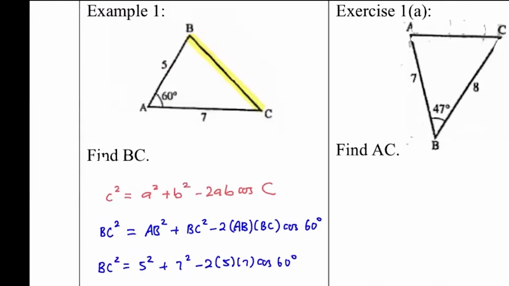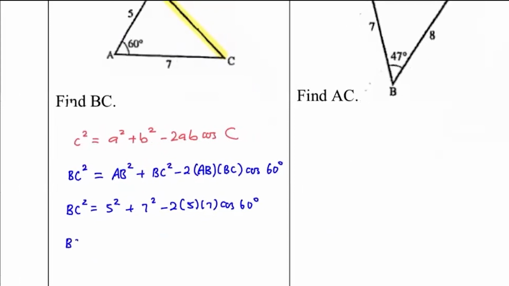So BC square equals 25 plus 49 minus 2 times 5 times 7 times cos 60, which gives 35. So BC square is 25 plus 49 minus 35, which is 39. So BC equals the square root of 39, or you can press it into the calculator to get 6.24.